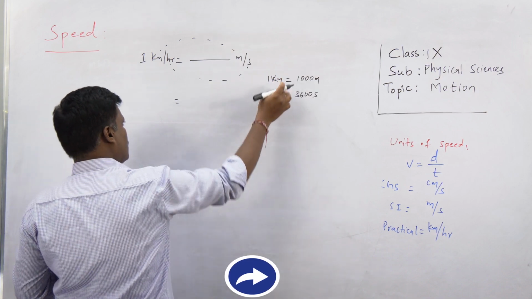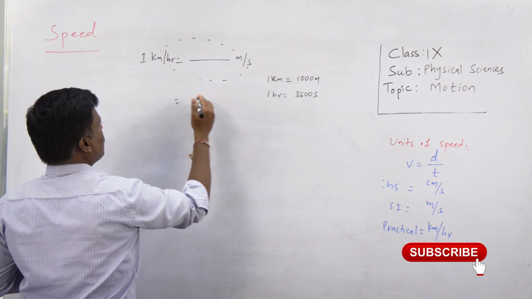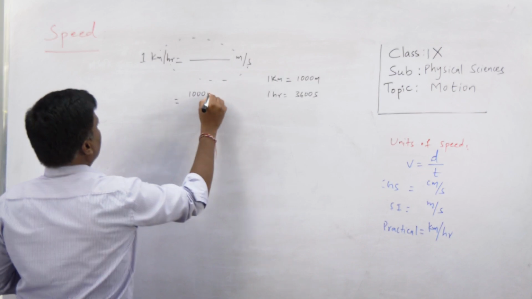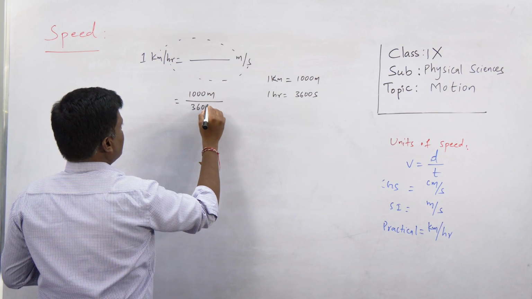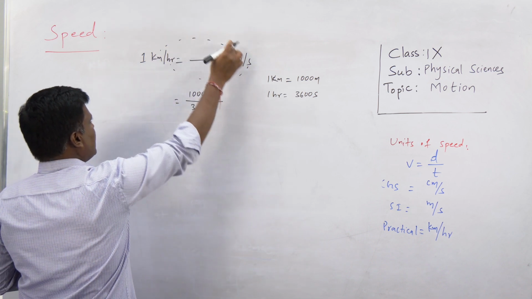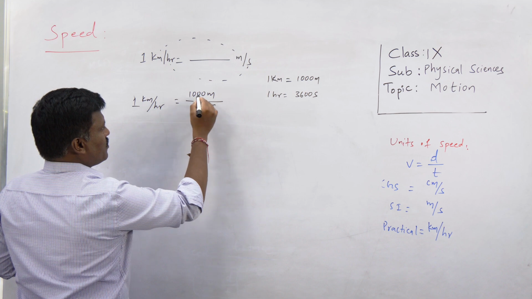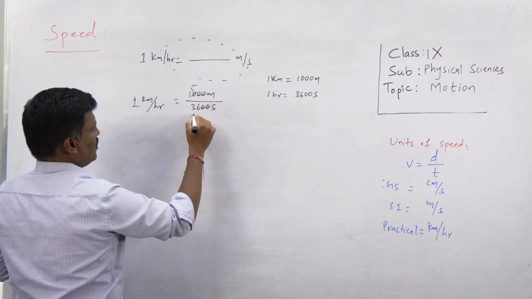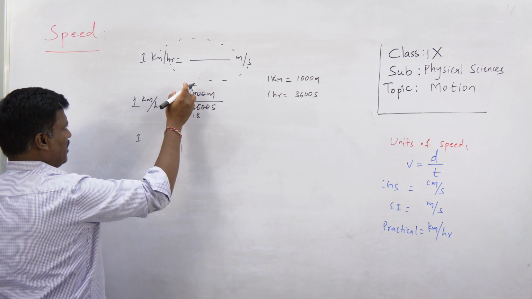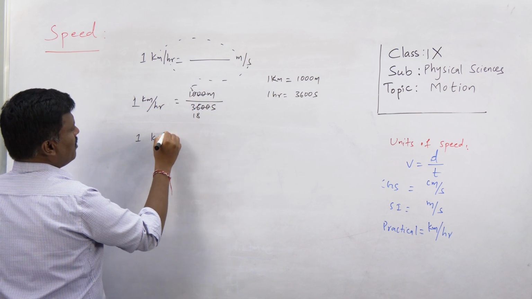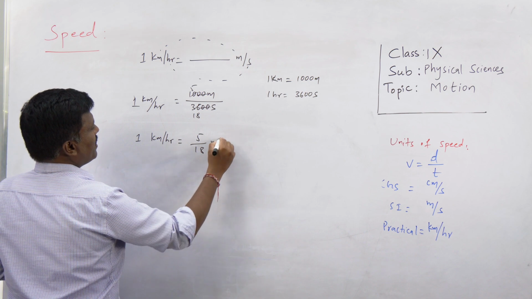Now we have to substitute both values here. In place of 1 kilometer, we write 1000 meters. In place of hour, we write 3600 seconds, because we are converting kilometers into meters and hours into seconds. Now 2 zeros cancel, 5 times 2 is 10 and 2 times 18 is 36, so we can't simplify further, since 5 is a prime number. 1 kilometer per hour is equal to 5 by 18 meters per second.